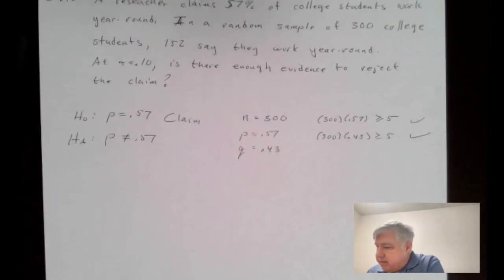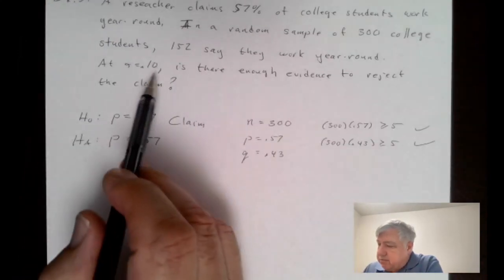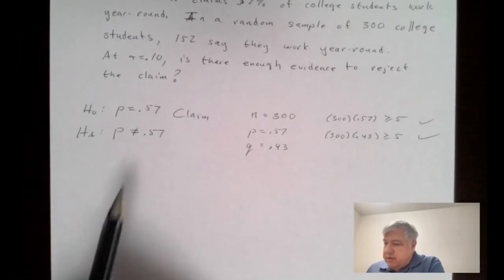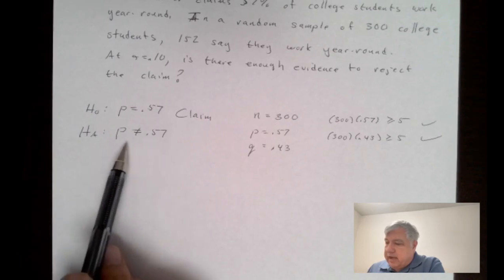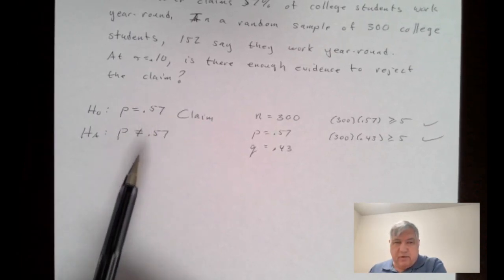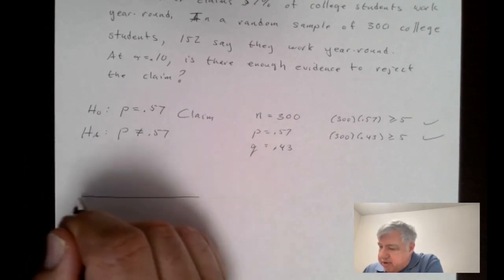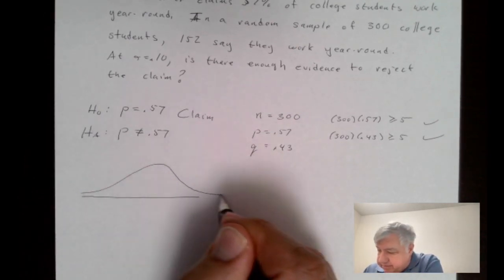We're also given that alpha is 0.10. Now if P is true, then our extreme values or unlikely values could be both less than or greater than 0.57. So because of that, we're using a two-tailed test.